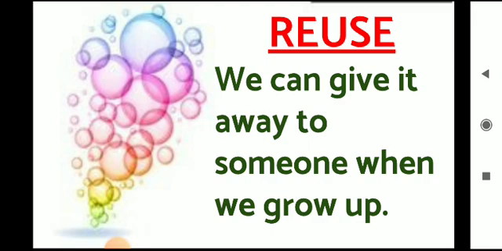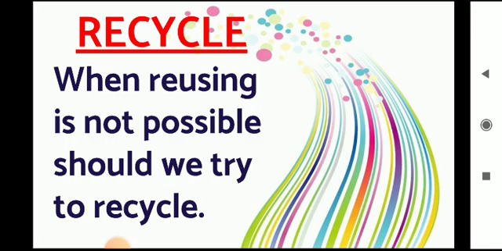Firstly, we will try to reduce our needs. If they are not compulsory, then we will try to reduce our needs, and if it is not possible to reduce, then we will reuse it. Clear? And next is recycling. Only when reusing is not possible, we will try recycling. Okay? Getting my point? Do you have any doubt?